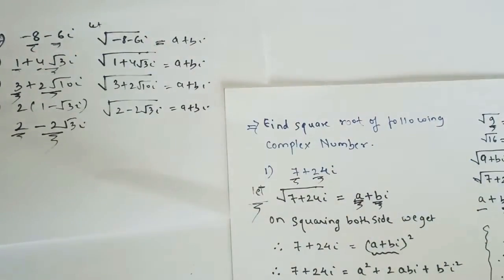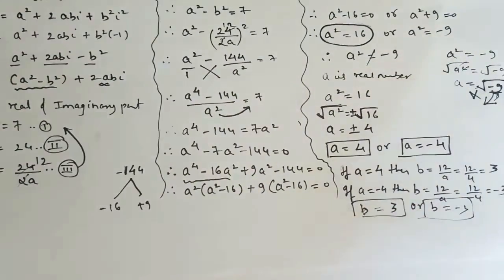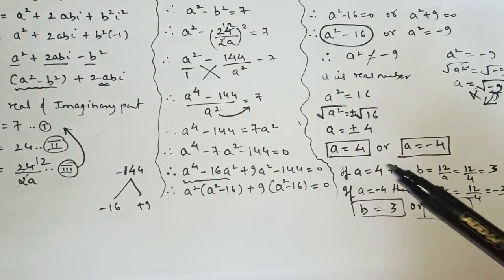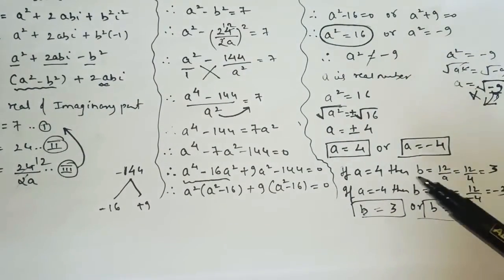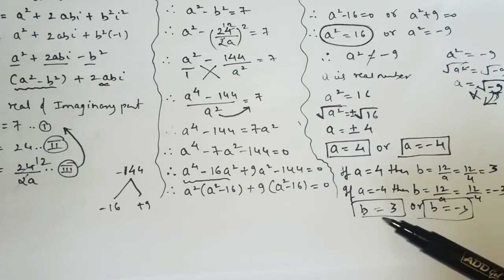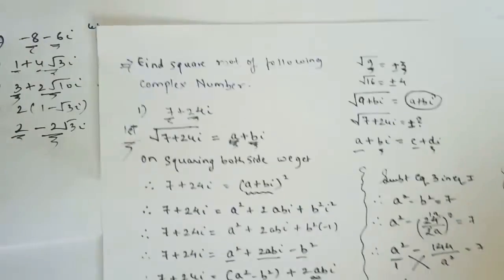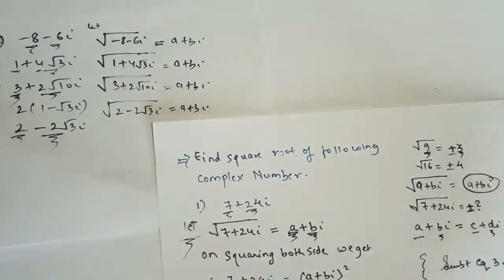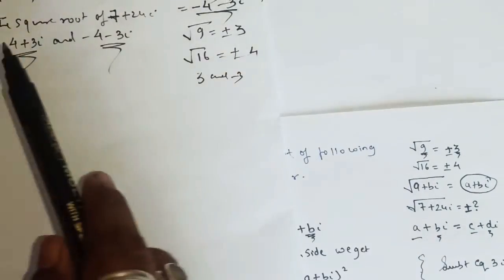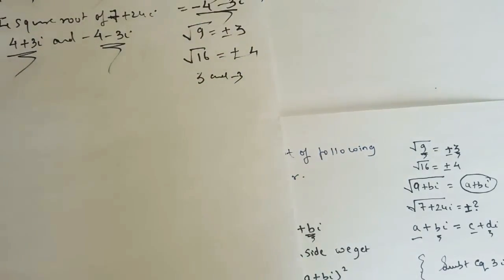When you take the square root of that positive value, you will get two answers of a. In the same way, if we get two answers of a, we will get two answers of b. So of course you will have two answers for the final square root of that particular number.